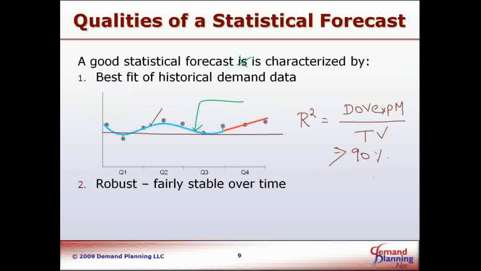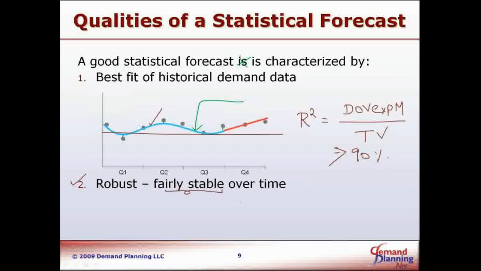In statistical terminology, the fit is measured by the R squared of the model. R squared tells you the degree of explanatory power. It is the degree of variability explained by the model divided by total variability.